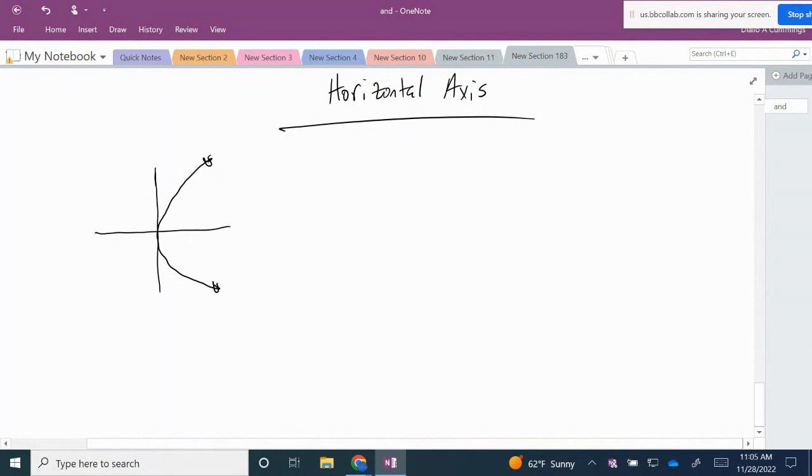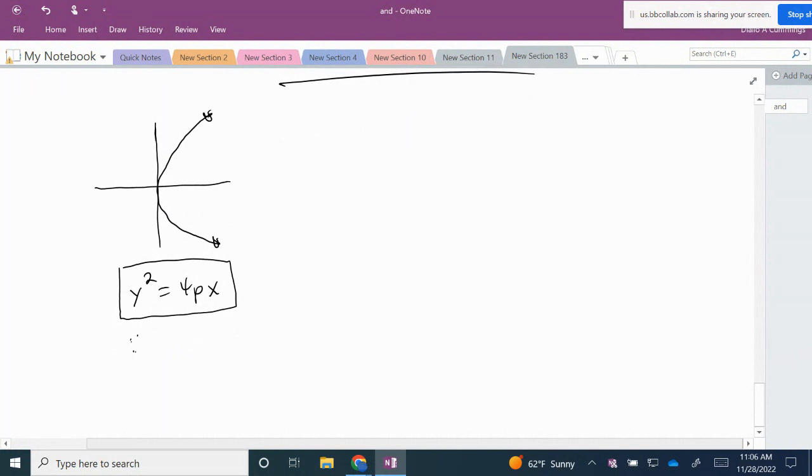So if your parabola is C-shaped, it's going to take this model form. Y squared is equal to 4px. So notice that the y variable is squared and the coefficient of our x variable is positive. So that's going to produce a C shape.